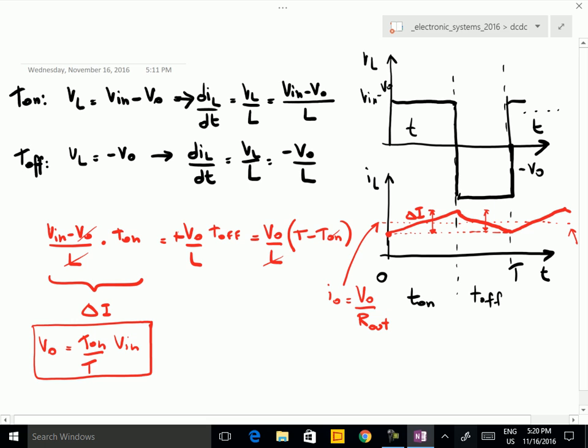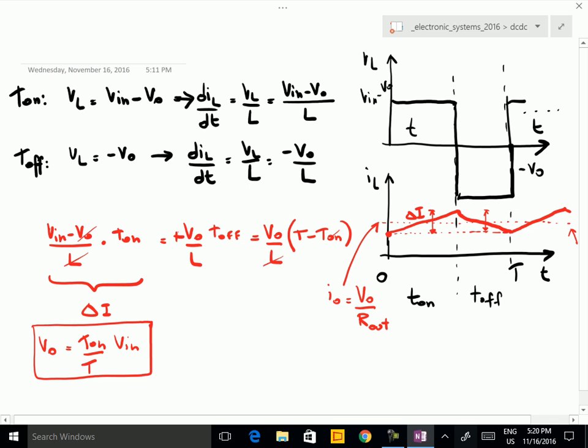But of course, the current cannot be negative, because it has to pass through the diode, which cannot let the negative current pass, because the current in the diode can only pass in one direction. So we need to consider what happens at very low output current.